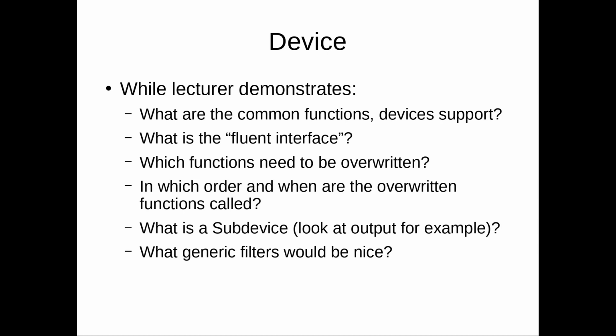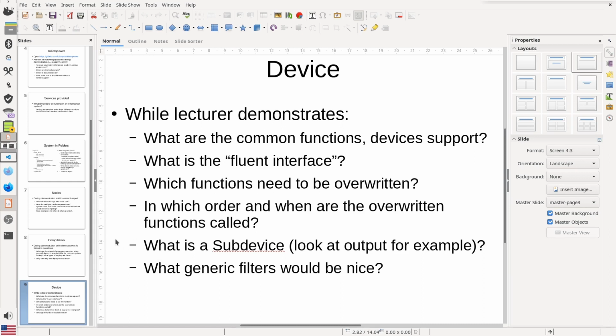And you will see what parts of the device are called in which order. And then we want to also know what are sub-devices. And then I will show you quickly filters. You should think there are some filters already defined, but maybe you have some ideas for filters we should define in general for later. And then you tell me.